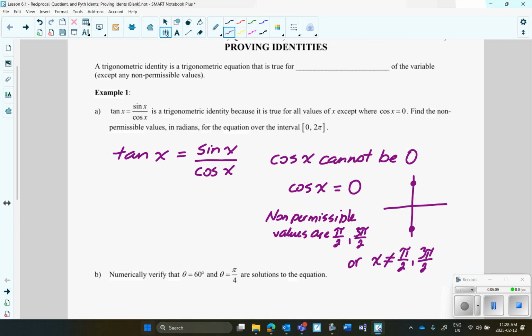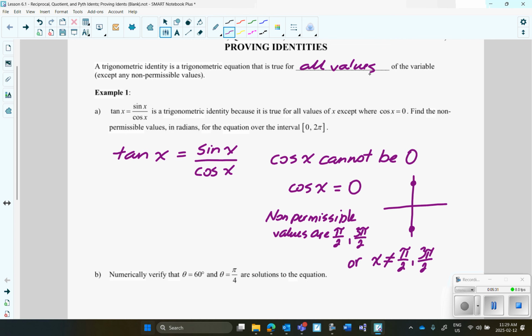So just to fill this in, when I talked about a trig identity, it's a trig equation like this that is true for all values except the non-permissible values. So this is an identity, it's an equation made up of two expressions.